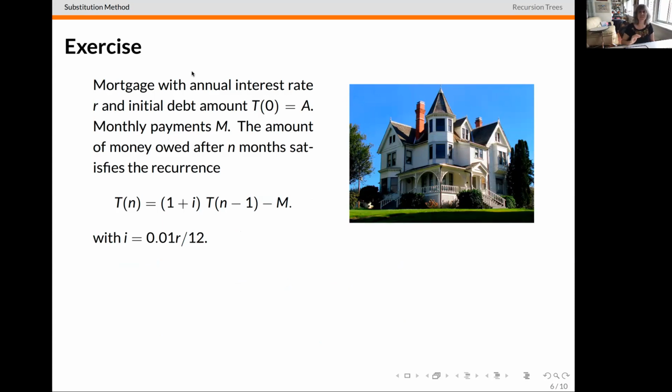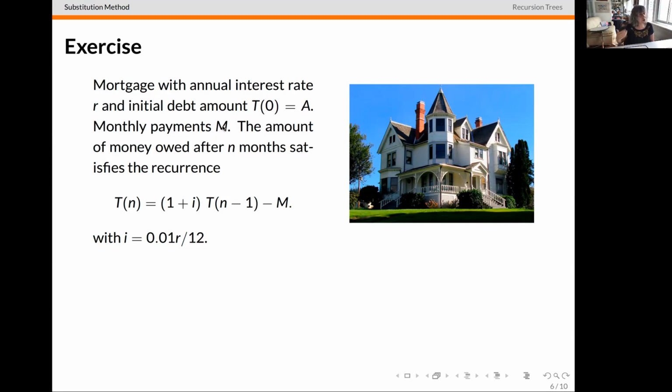And if you haven't seen that video, you might want to see it or not. Anyways, so when we have an initial debt amount of A, so this is what's left to pay after you've paid the down payment, and we have an annual interest rate of R, and we have monthly payments, which are capital M.